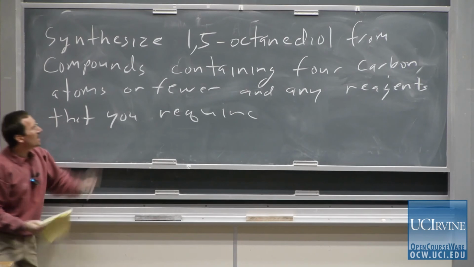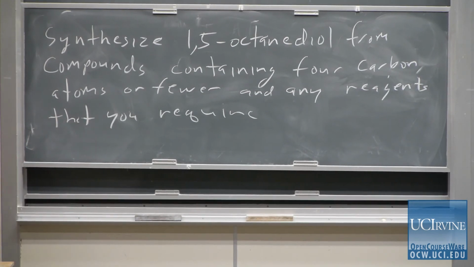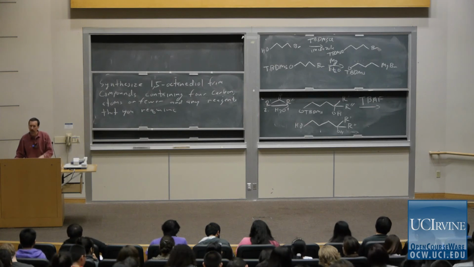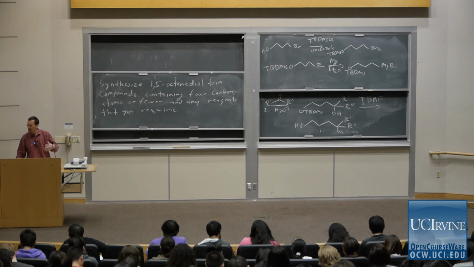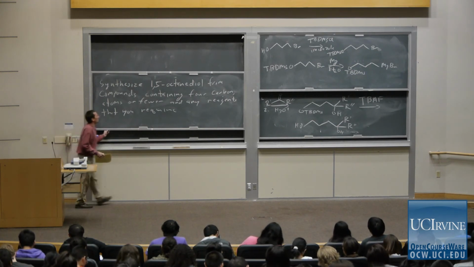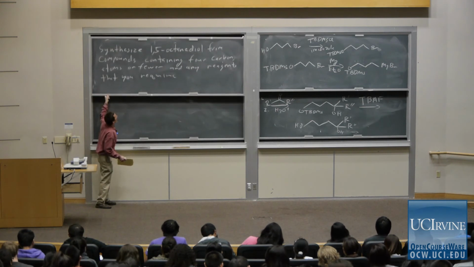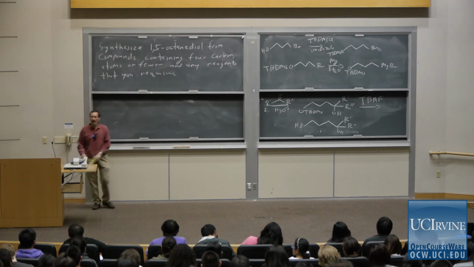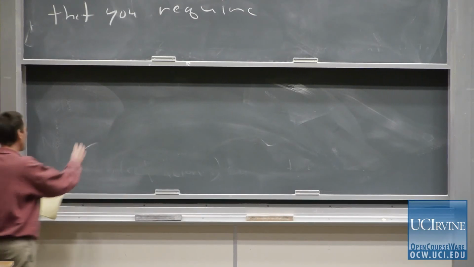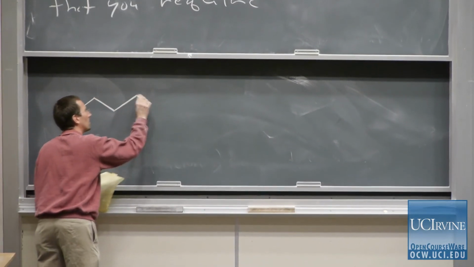And while to my knowledge 1,5-octane diol isn't an insect pheromone and it isn't a drug, it's certainly representative of the types of molecules that synthetic organic chemists make. So, of course, one of the things is knowing what 1,5-octane diol is, and so I will draw out the structure of it.